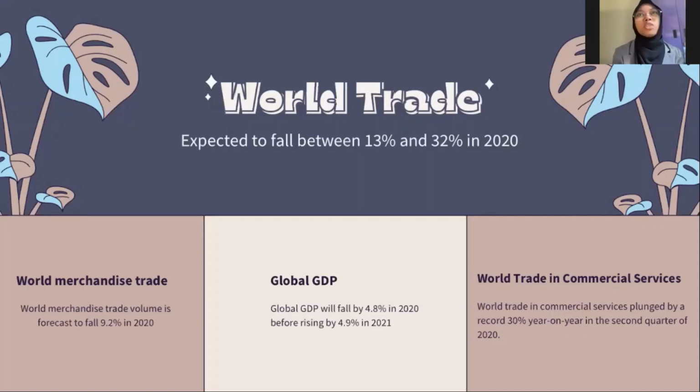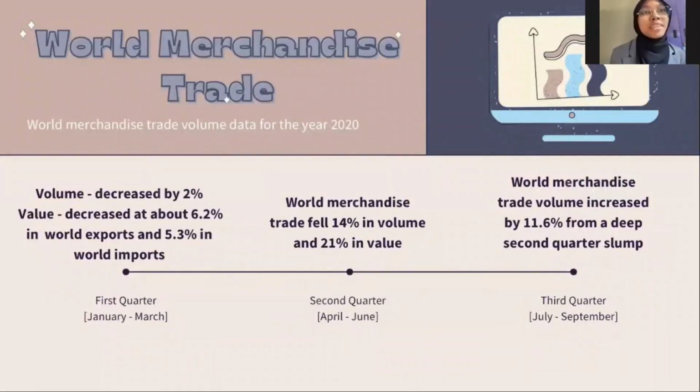For world merchandise trade in the first quarter of 2020, January to March, the world merchandise trade volume decreased by 2%, and this is caused by the lockdown measures across the globe to fight the spread of COVID-19.